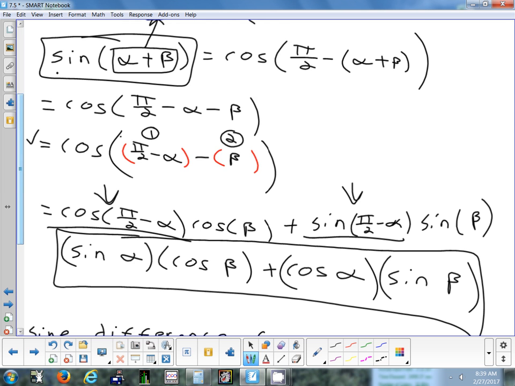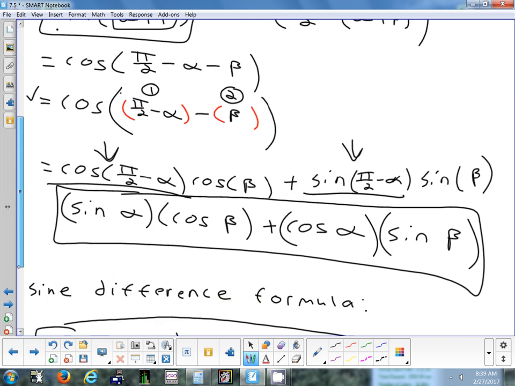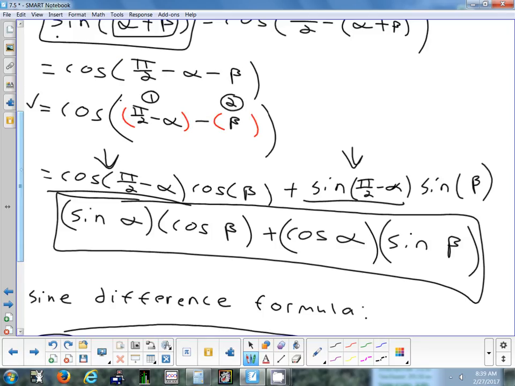They're different. In the cosine formulas, it was cosine, cosine, sine, sine. Now it's sine, cosine, cosine, sine. So it's similar, but a little different. Okay, so this is your sine of a sum.